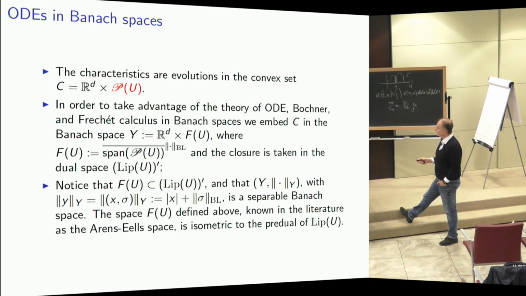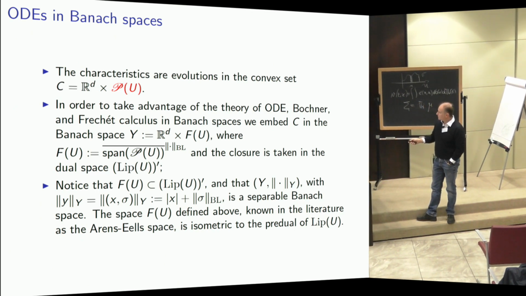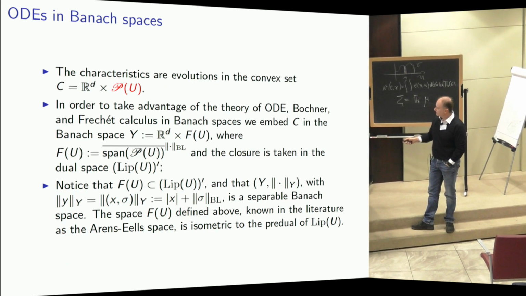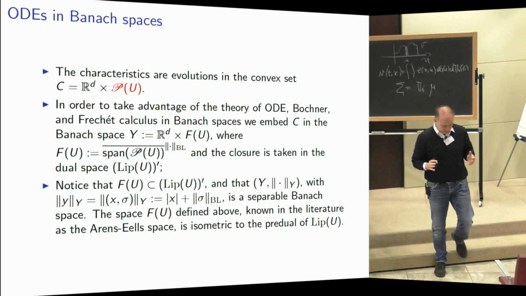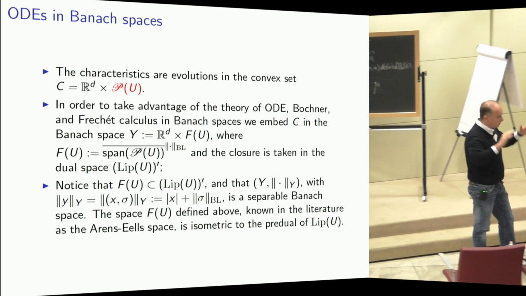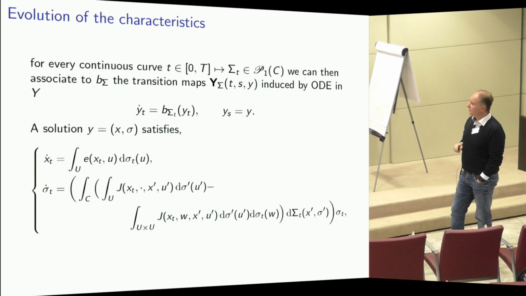So, by using that we can define a norm now on the space Y, and the space Y for us is exactly the cross product R^D times F of U. So we are embedding P of U inside F, and that's the way we look at these evolutions in a convex set within a Banach space. Okay, so within this framework, we can consider any evolution in this space, and we fix it.